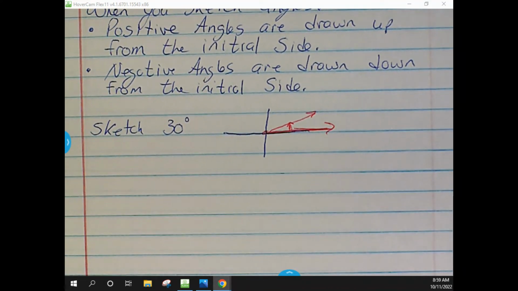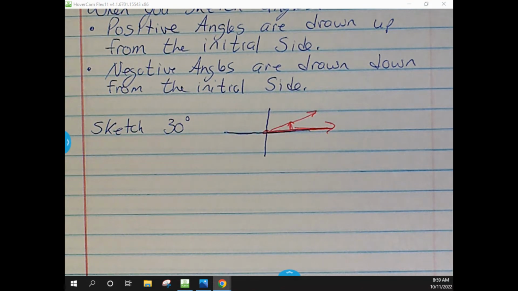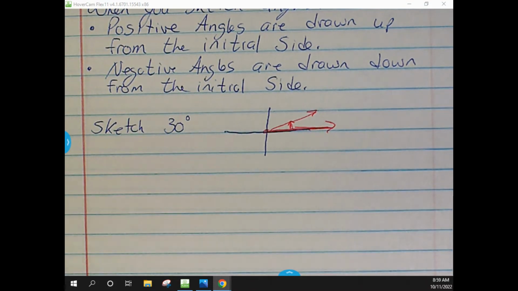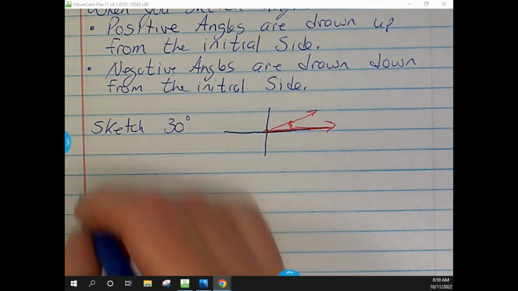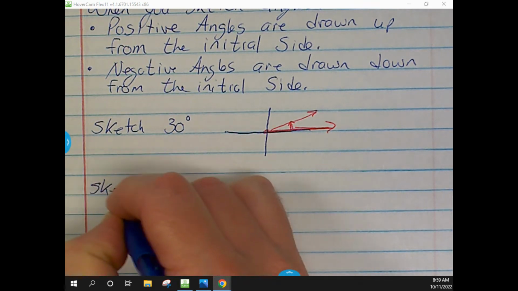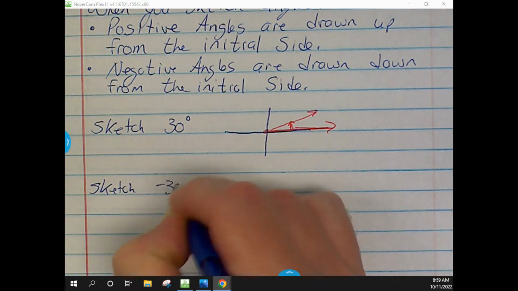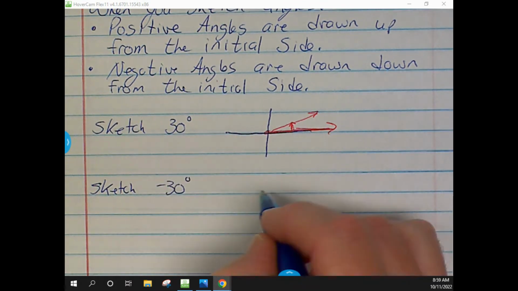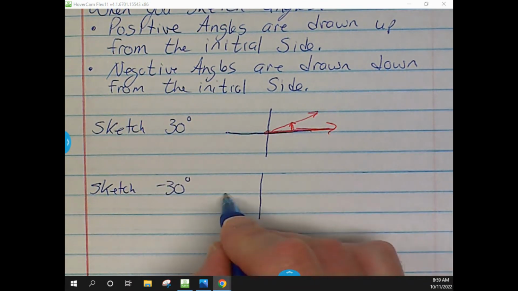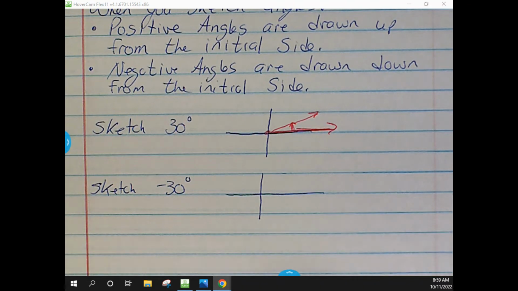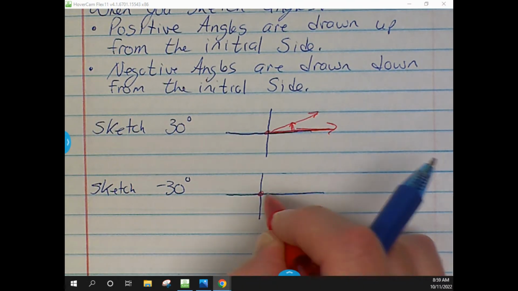That way you can easily pick out the angles that you're looking for. All right, and the only difference is if it was a negative 30-degree angle, you've got to sketch instead of a positive 30-degree angle. You're still going to start with the initial side being the same way.